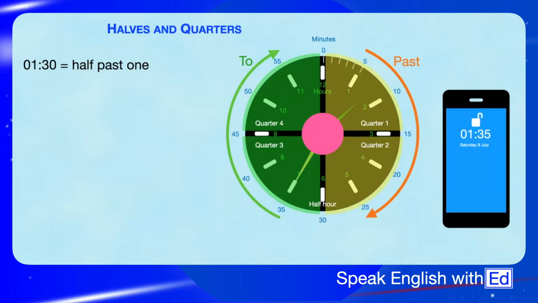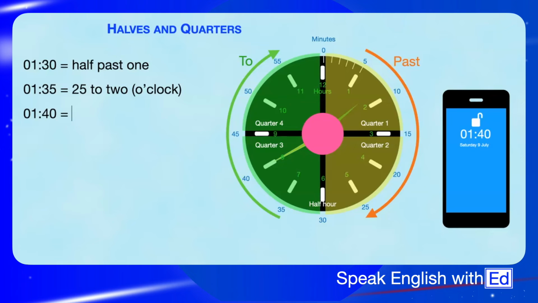It's not got to 2 o'clock, so it's before 2 o'clock. So it's 25 to 2. And when it gets to 8, it's 40 minutes past 1. It's 1:40, but we say it's 20 minutes to 2.